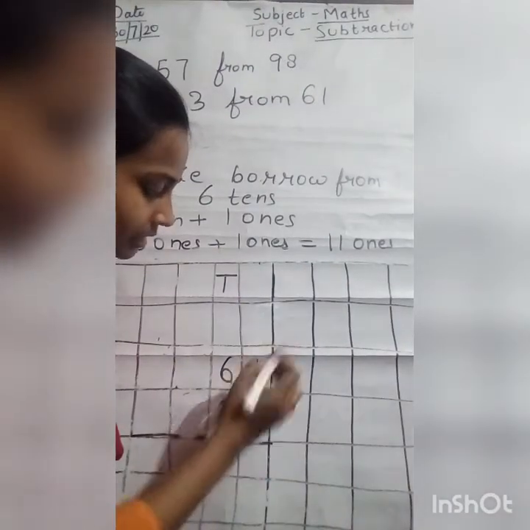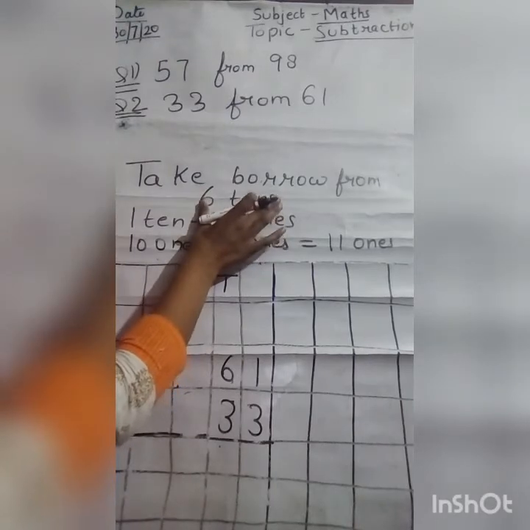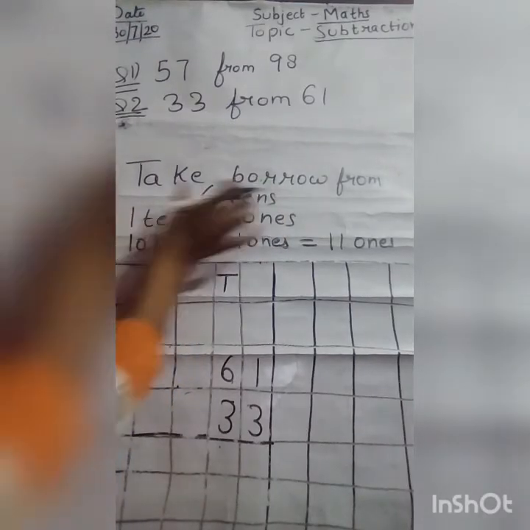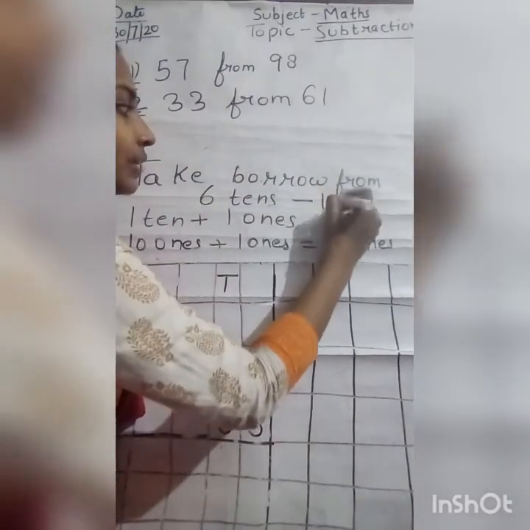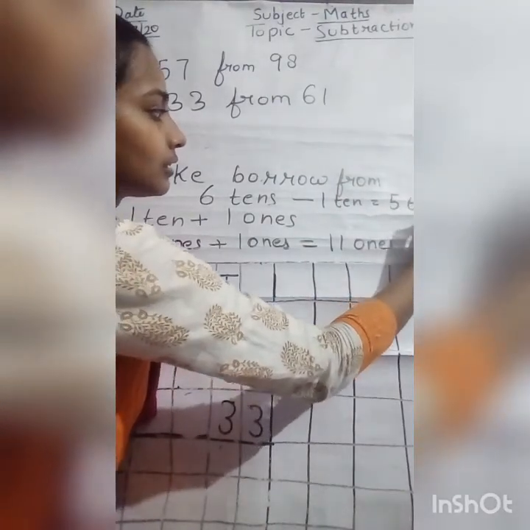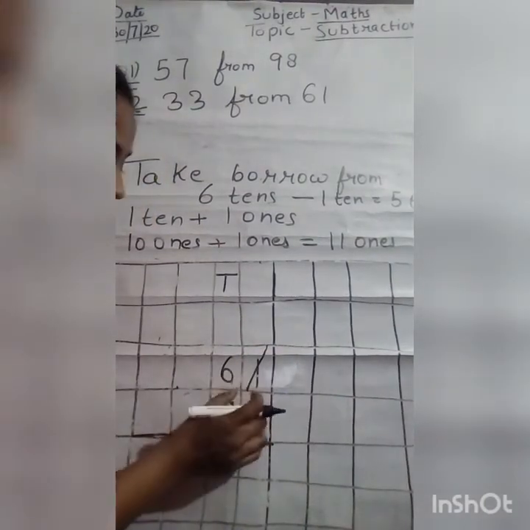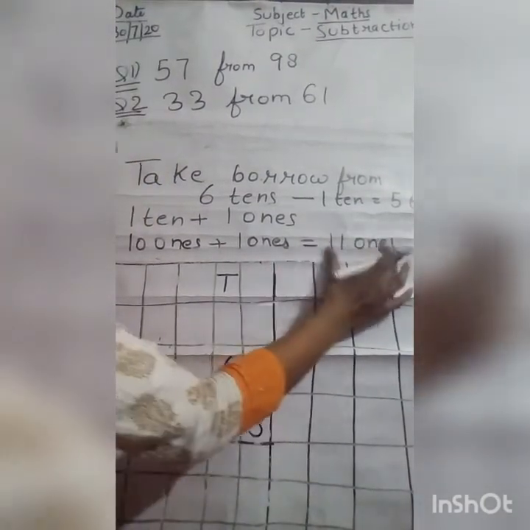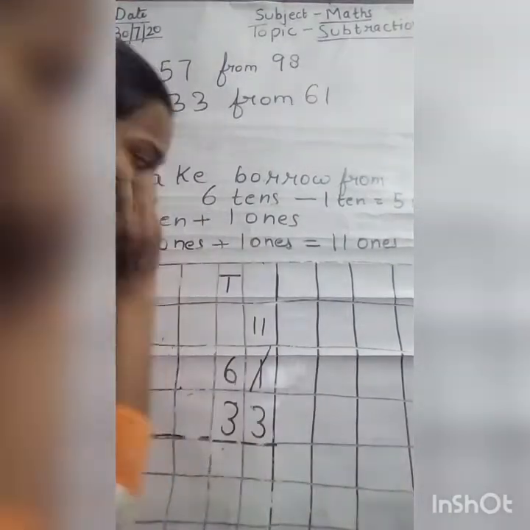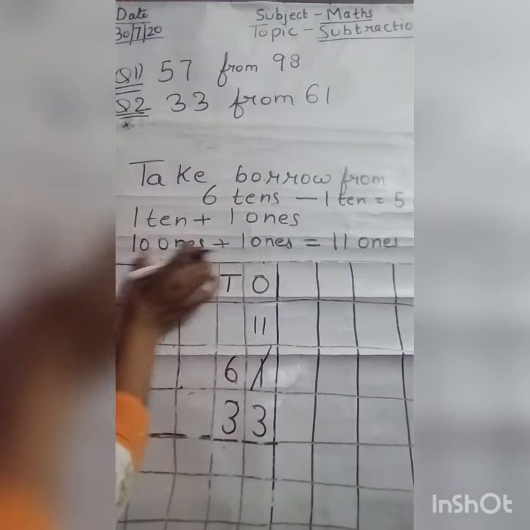So here is 11, but we take 1 ten from 6 tens, so minus 1 ten becomes 5 tens. We have to cancel with a slash line, and it becomes 11.